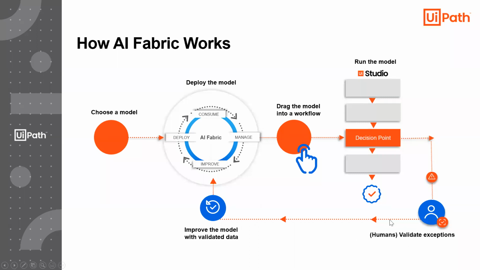And if at some point you want to validate it, the confidence is not high enough, or there is an issue, humans can interact with the processes as usual, thanks to Action Center, or just a form. And because humans are interacting, it's very important for us to get the feedback and put it into AI Fabric so you can improve your model by retraining it. This completes the feedback loop of your machine learning process, which is exactly what you want when you're a data scientist.